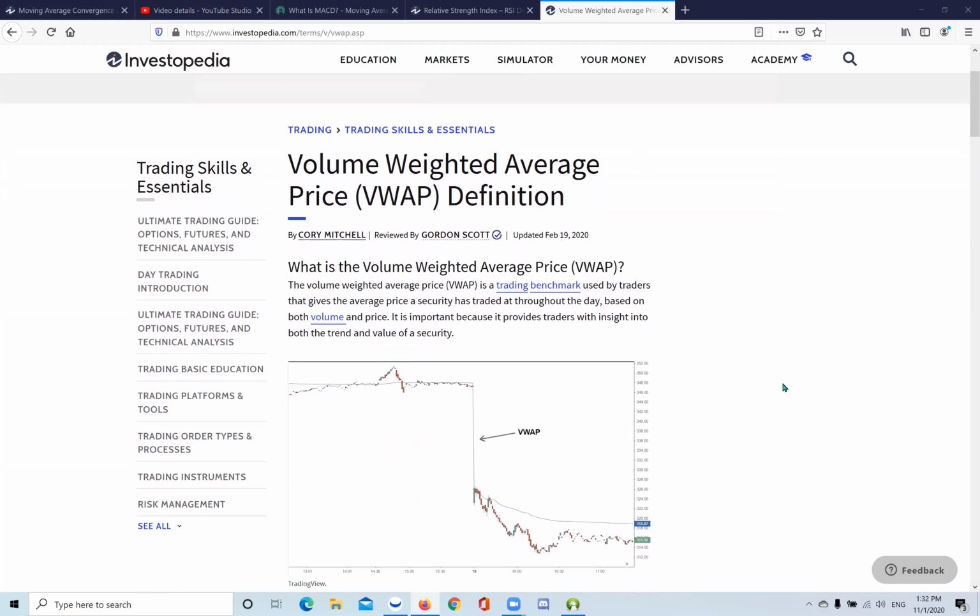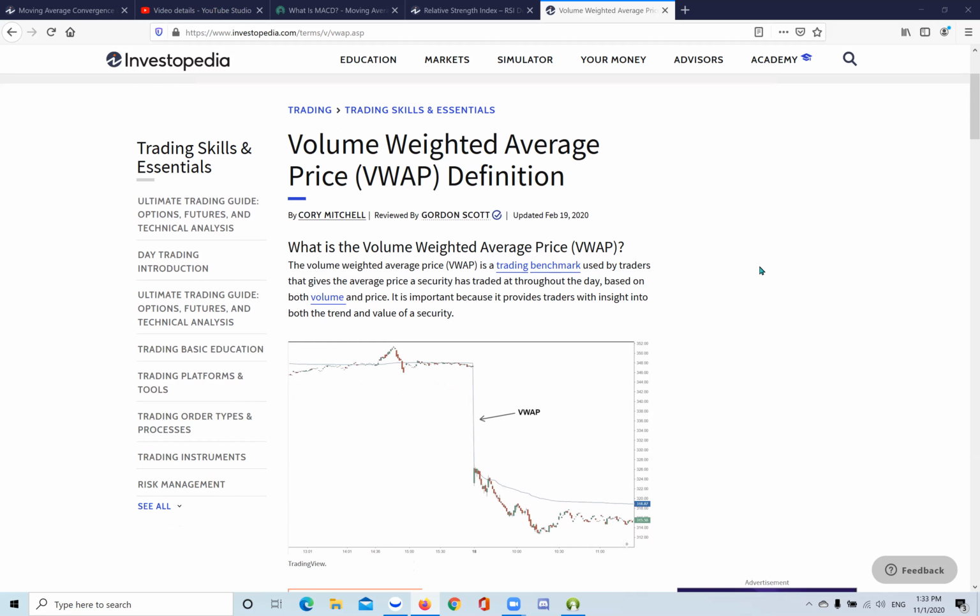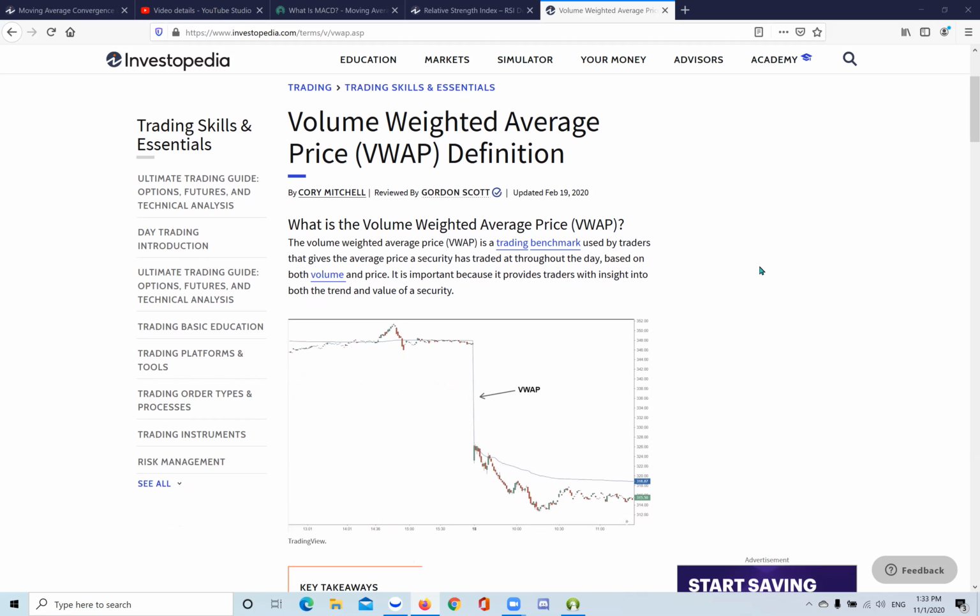Volume weighted average price. The VWAP definition: V means volume, W means weighted, A means average, P means price. What is the volume weighted average price, VWAP?